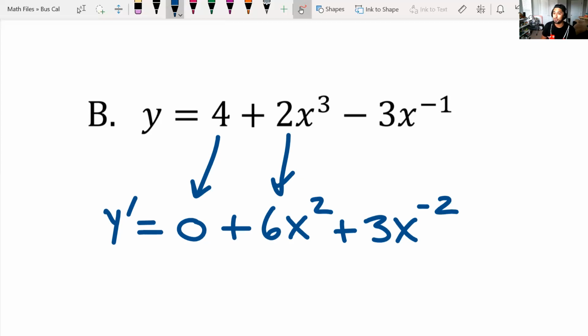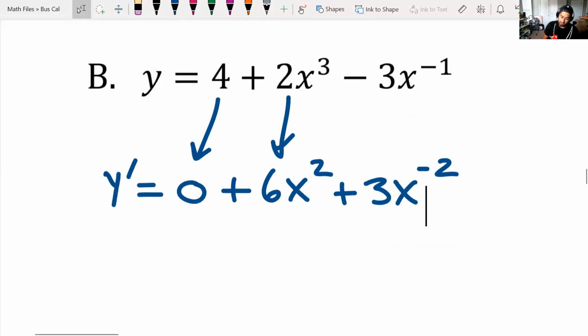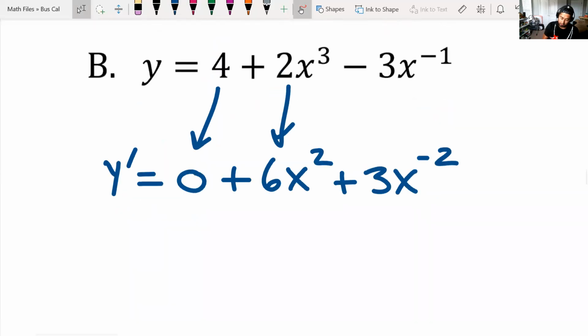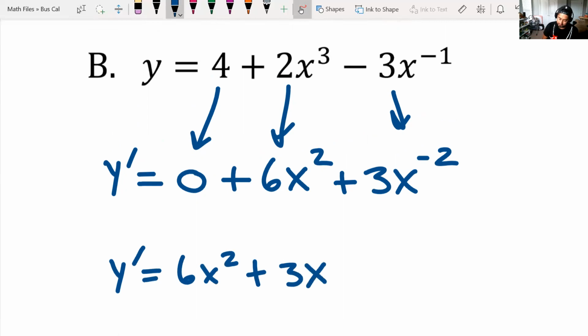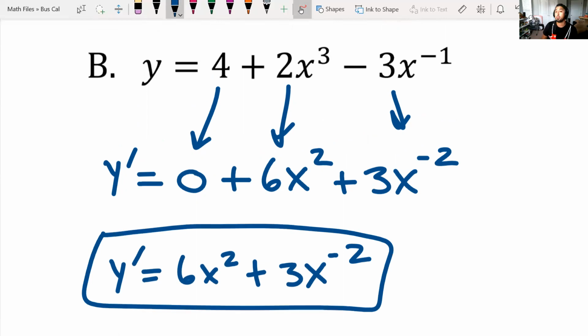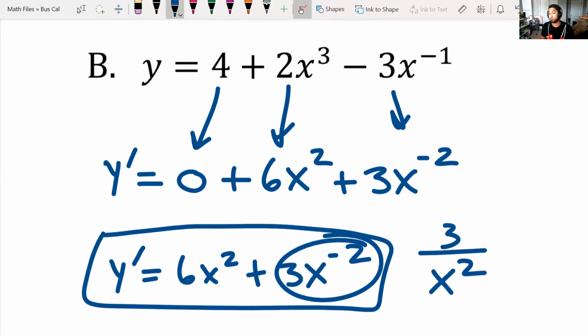Oh, easy, right? And now just clean it up. And we get y prime equals 6x squared plus 3x to the negative 2. There you go. And if you had to rewrite this one, you definitely could as 3 over x squared.